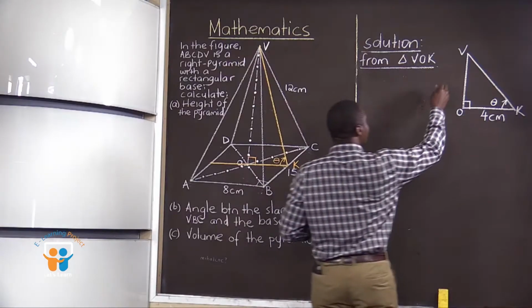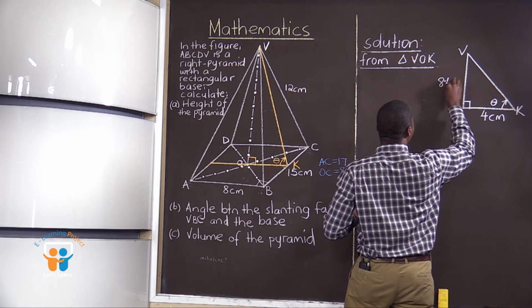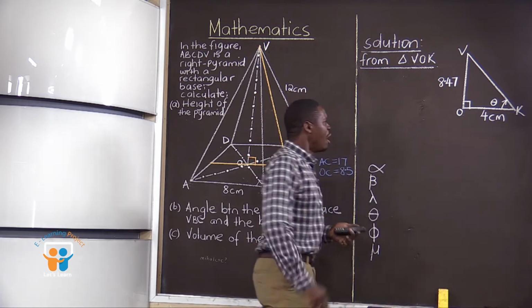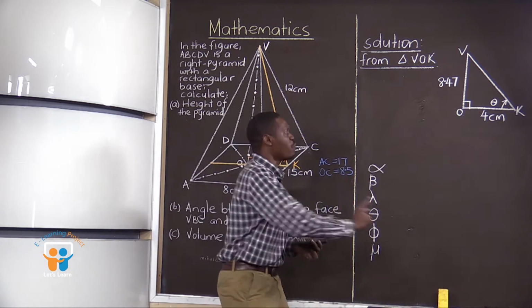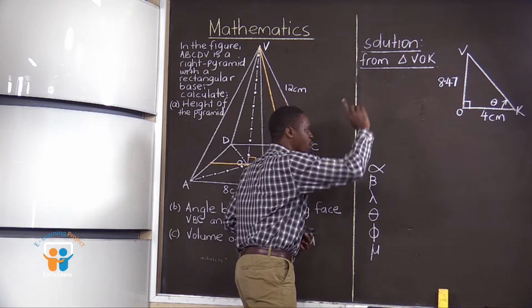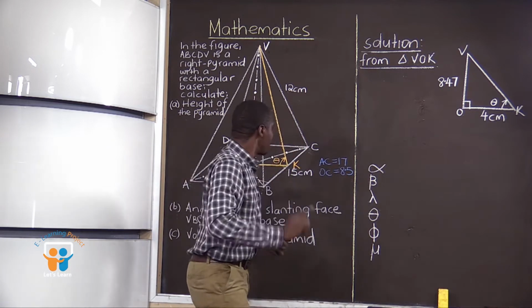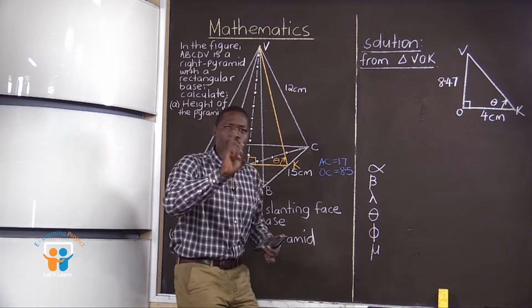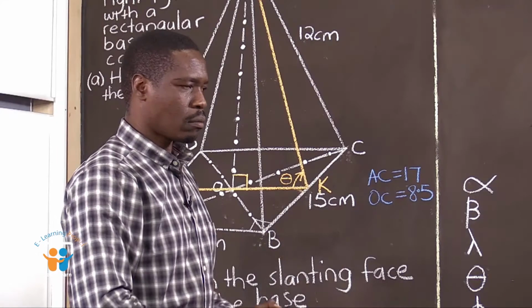That was our height. But now the examiner does not want us to find the length VK. The examiner is now interested in the angle theta. How do we get the angle theta?